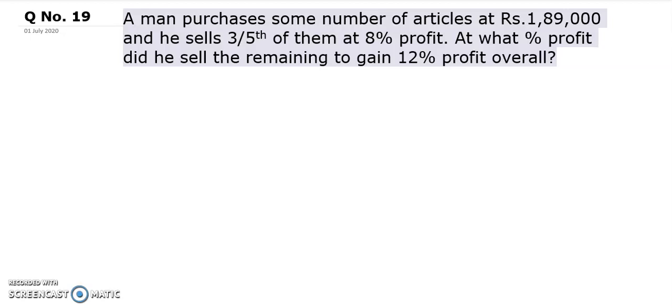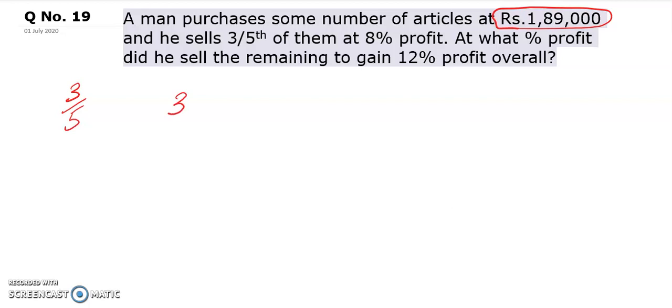Question number 19. A man purchases some number of articles at rupees 1,89,000 and he sells 3/5 of them at 8% profit. At what percent profit did he sell the remaining to gain 12% profit overall? Here we are comparing, so we will not use this real value. It says 3/5 of them is sold at 8% profit.